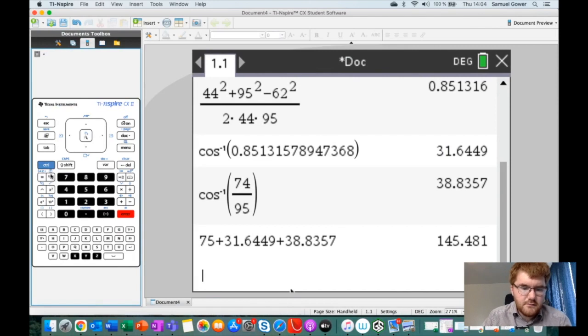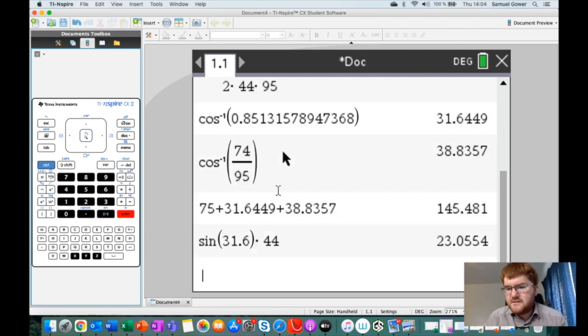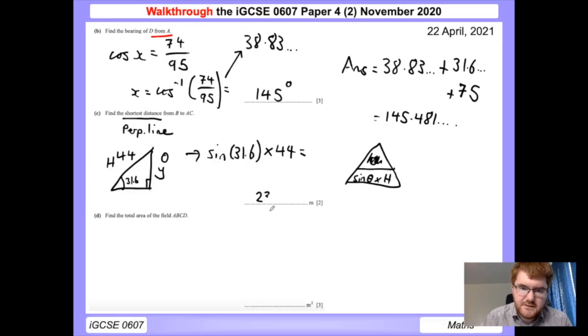So I can write sine on here, times 44. And then we get our answer rounded to three significant figures of 23.1, which we write in, 23.1 meters.